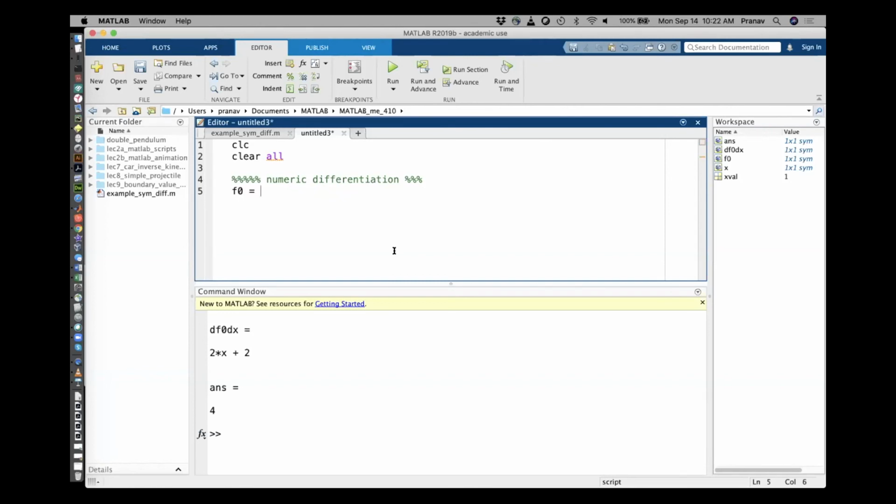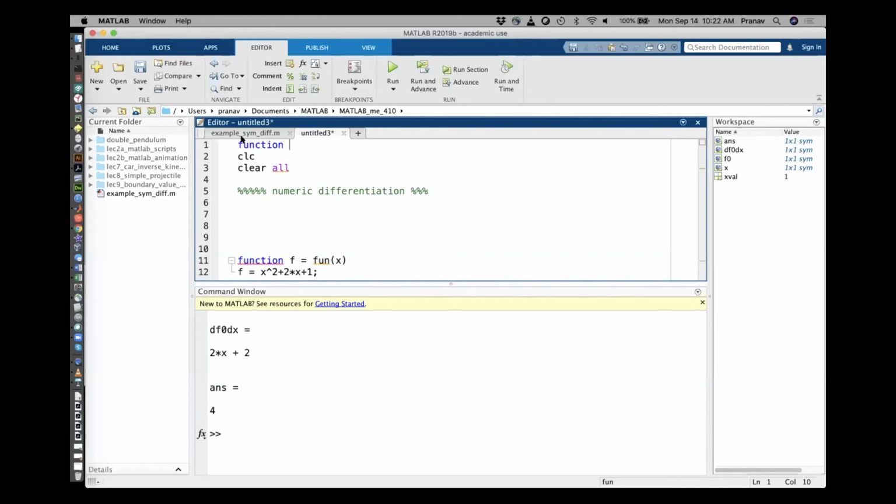So I need to define a function f equals fun x, where f equals x squared plus 2x plus 1. Since this is going to be a function, I need to define it as a function too, I cannot define it as a script.